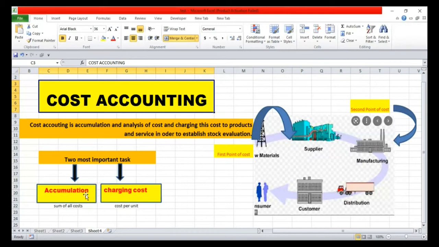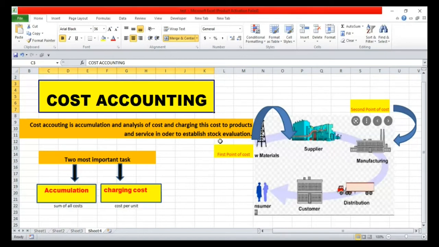On the basis of that cost, we will set the prices of our products and services. So it is essential that we have a clear picture of the different costs associated with our products and services.